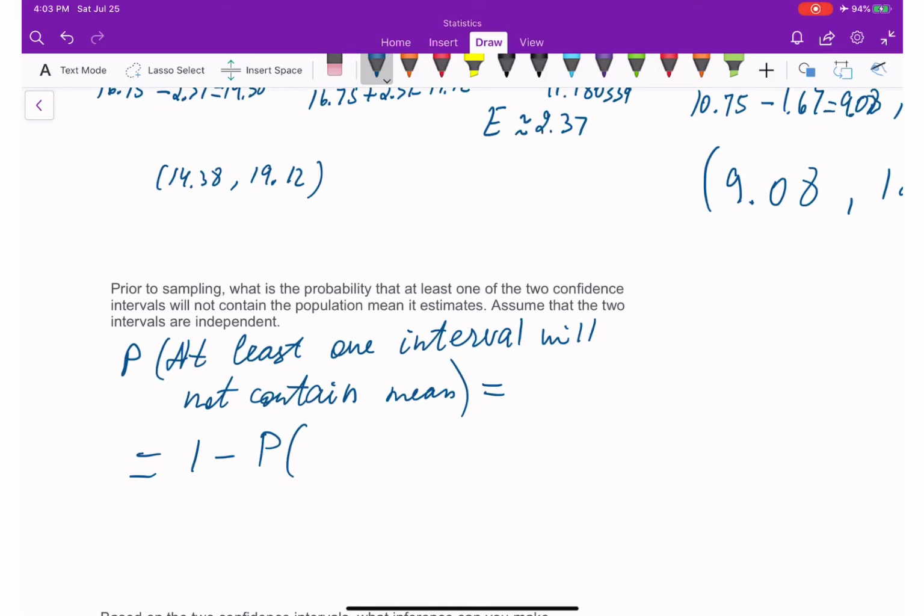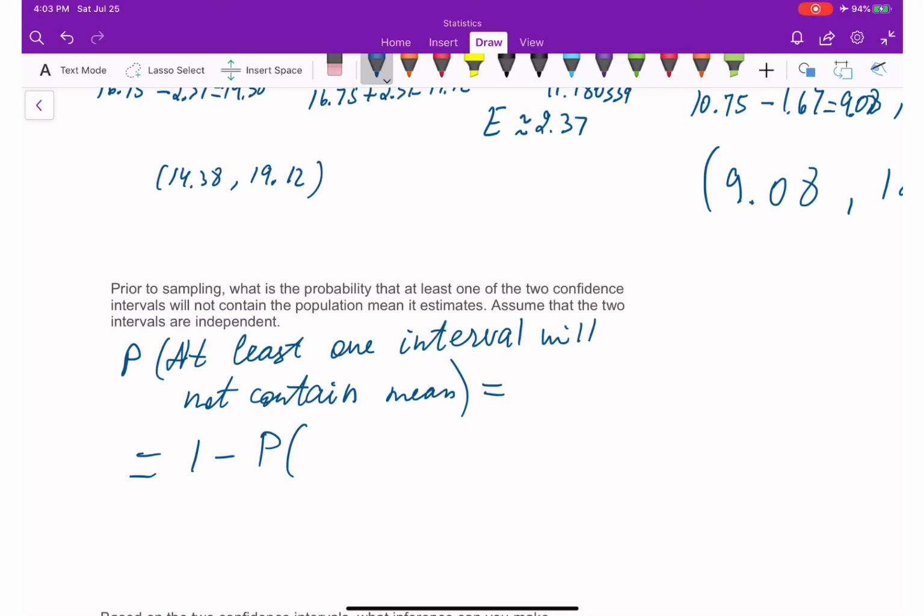Two of them. To know that at least one of them doesn't have it, we need to know the probability of one interval having that mean, and the probability of the other interval having the mean. So if we want to know it won't happen, first of all, what's the chance that one of them will not have it? So we first have to know the probability they both will have the mean.